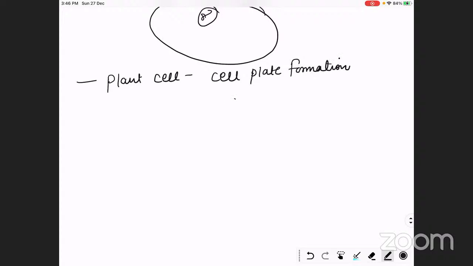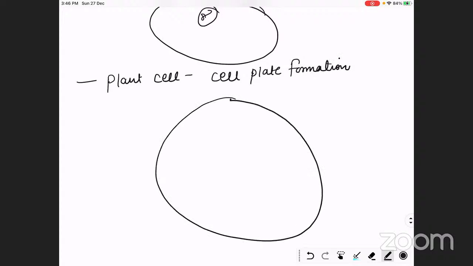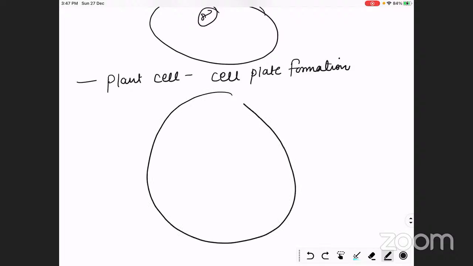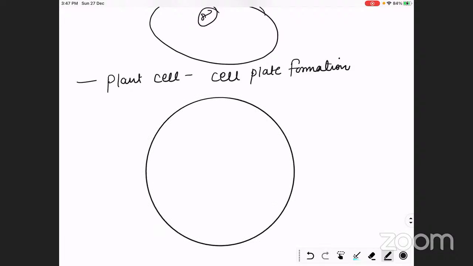Okay, so the plant cell, and we have two cells here. Now, the cell plate will form at the center.